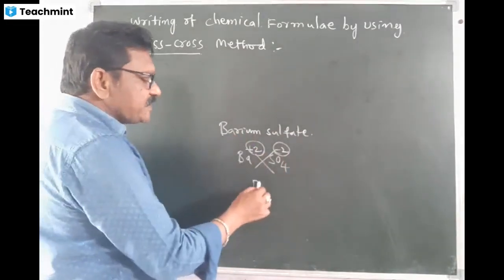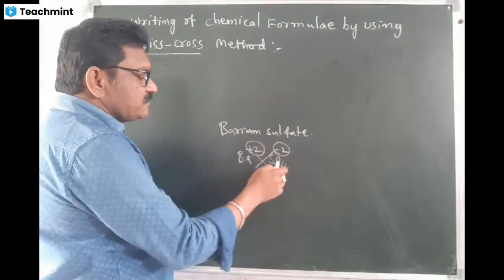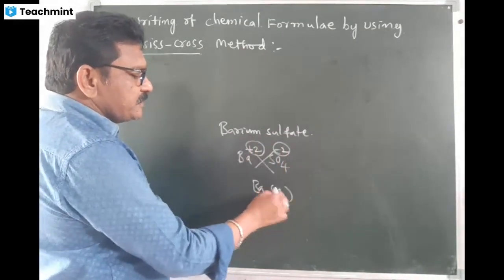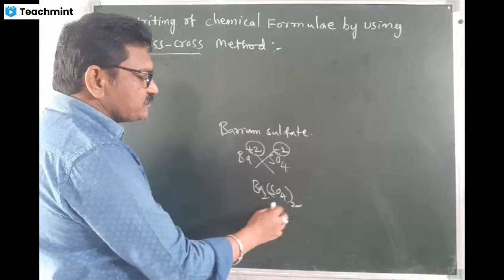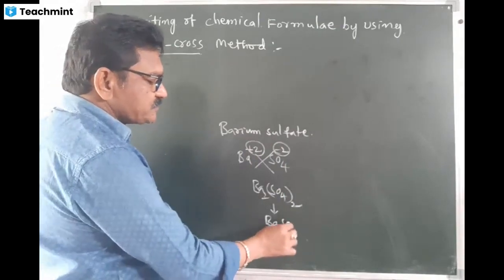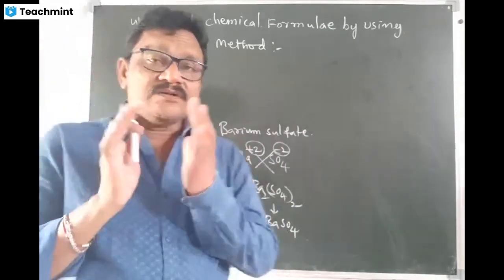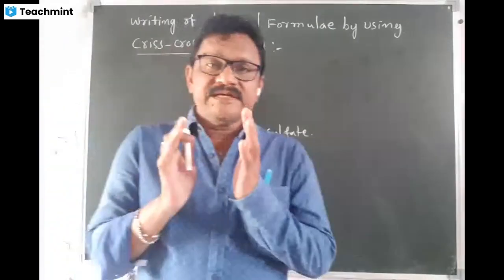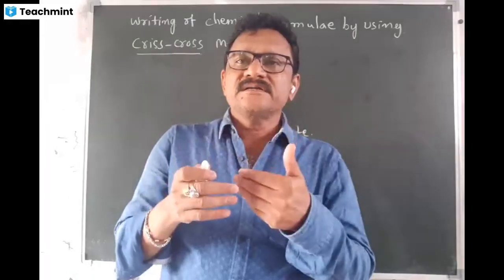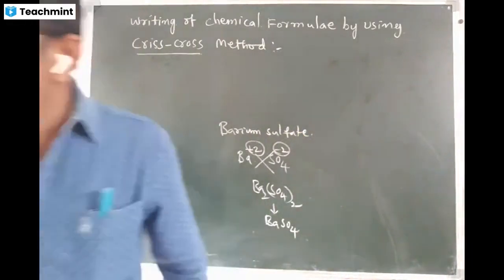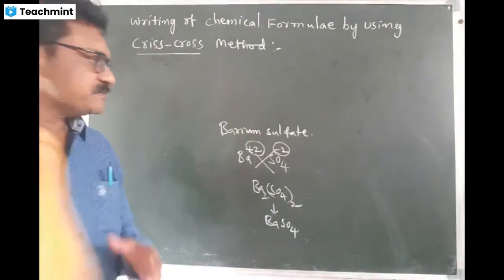That means you are getting the formula by interchanging the charges. You are getting Ba2(SO4)2, taken twice. So here 2, here 2. That's why you simply write BaSO4. That is what we mean by the crisscross method: interchanging of charges so that you get the subscript numbers. This is very easy to understand by doing some exercises.